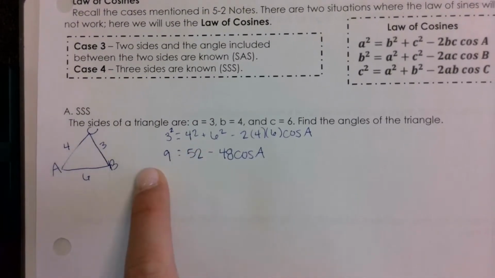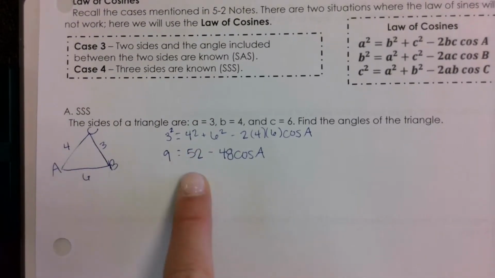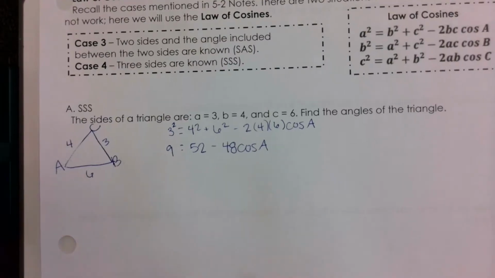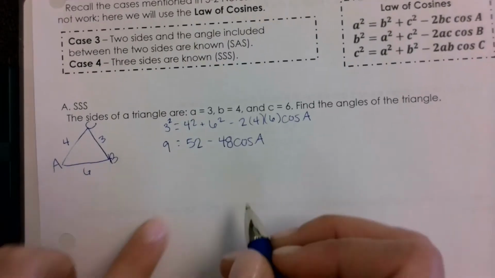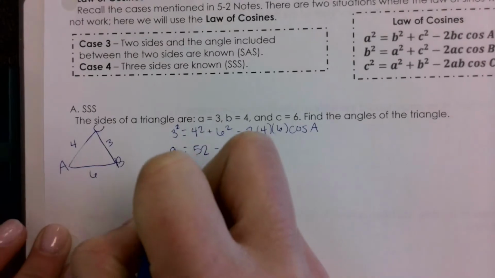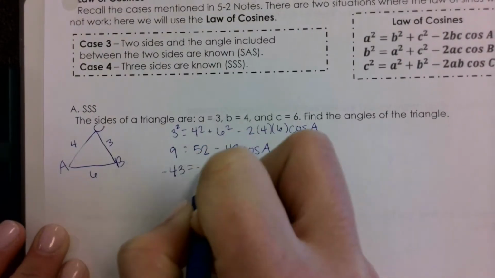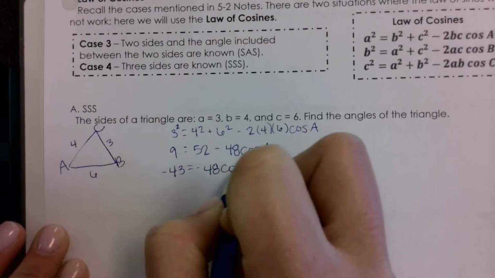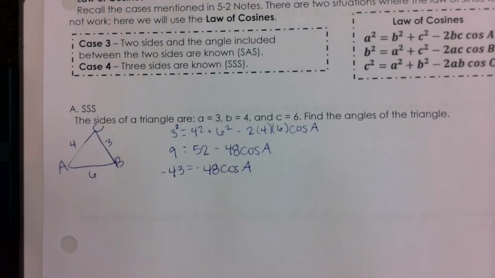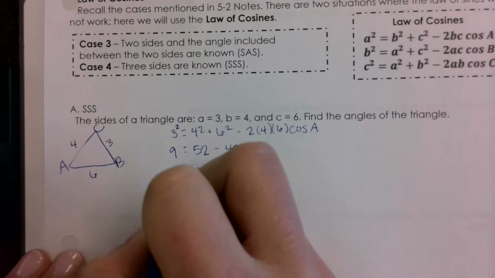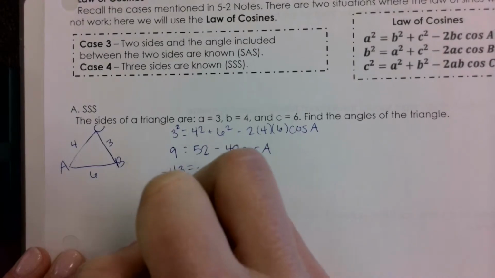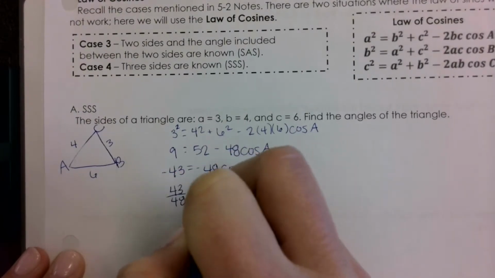You've got to subtract that 52 over and then divide by the negative 48. So what is 9 minus 52? We've got negative 43 equals negative 48 cosine of A. Then we divide by negative 48, so 43 over 48 is cosine of A.